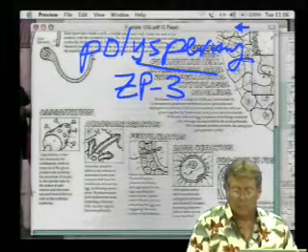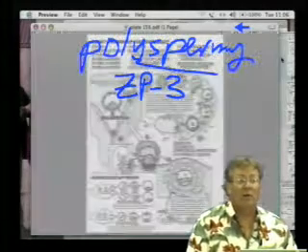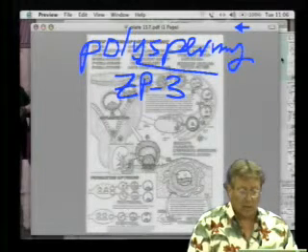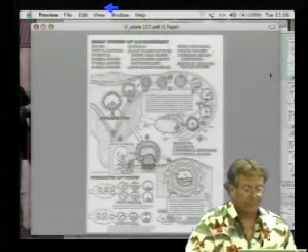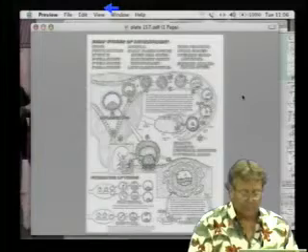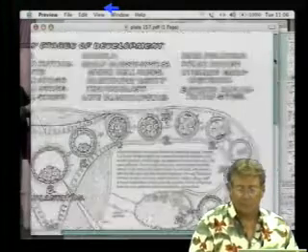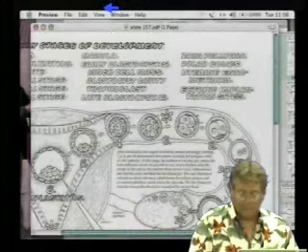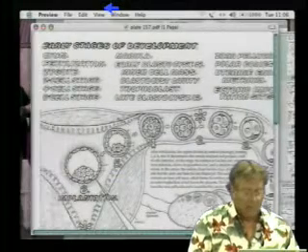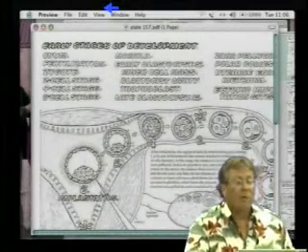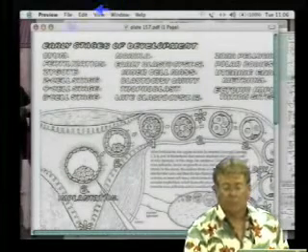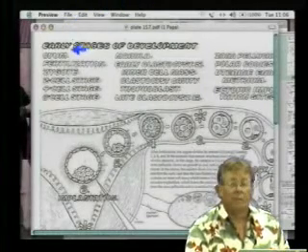You now have a fertilized zygote. What happens? We have the ovum.